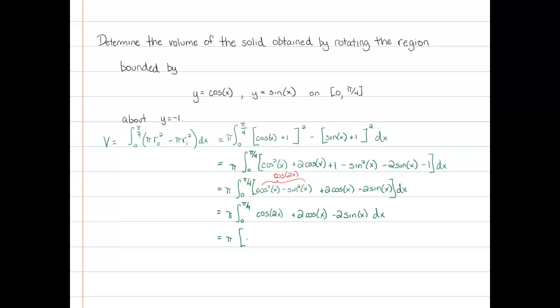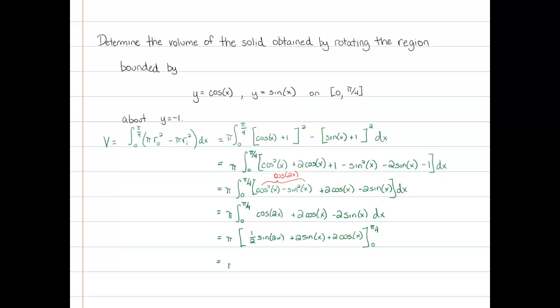The antiderivative for the cosine of 2x is 1 over 2 sine of 2x. The antiderivative for the cosine is a positive 2 sine of x. And the antiderivative for the negative 2 sine of x would be a negative 2 cosine of x, or in other words, a plus 2 cosine of x. If you don't believe me, take the derivative of that. It is true. And then you evaluate these from 0 to pi over 4.